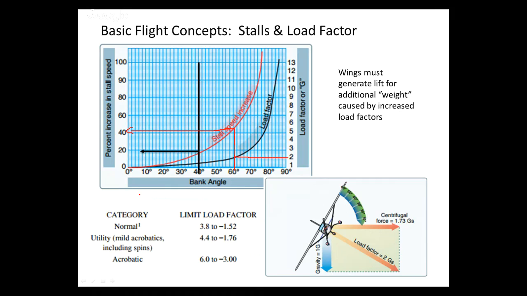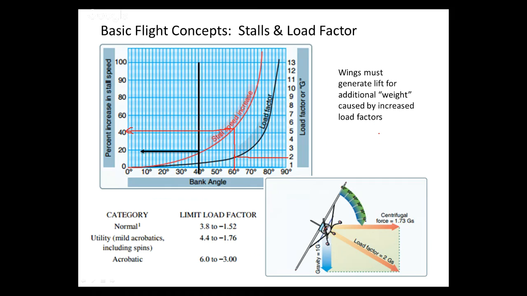So this is significant because typically with small aircraft, your cruise speed could all of a sudden become your stall speed. You could be cruising along at 140 miles per hour, which is not unheard of in a small aircraft, and all of a sudden attempt a 60 degree turn, and you've stalled your airplane.